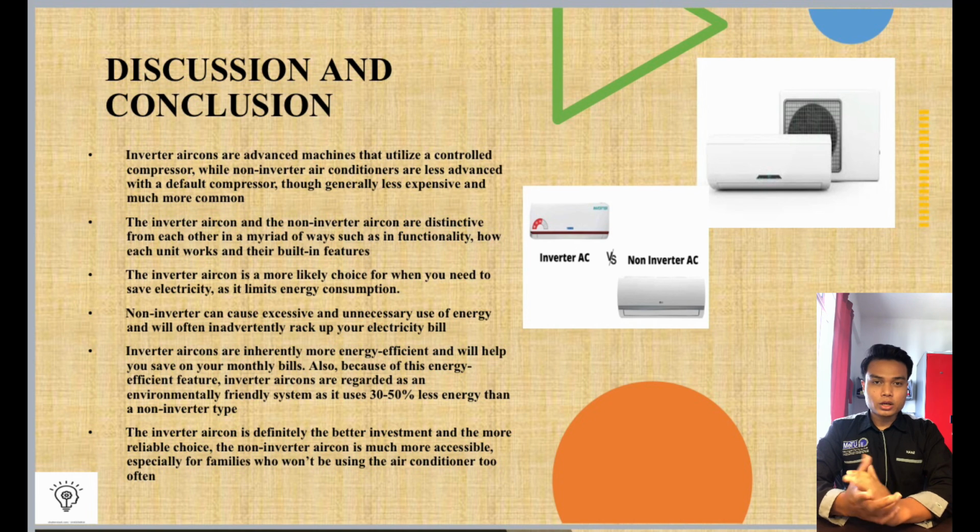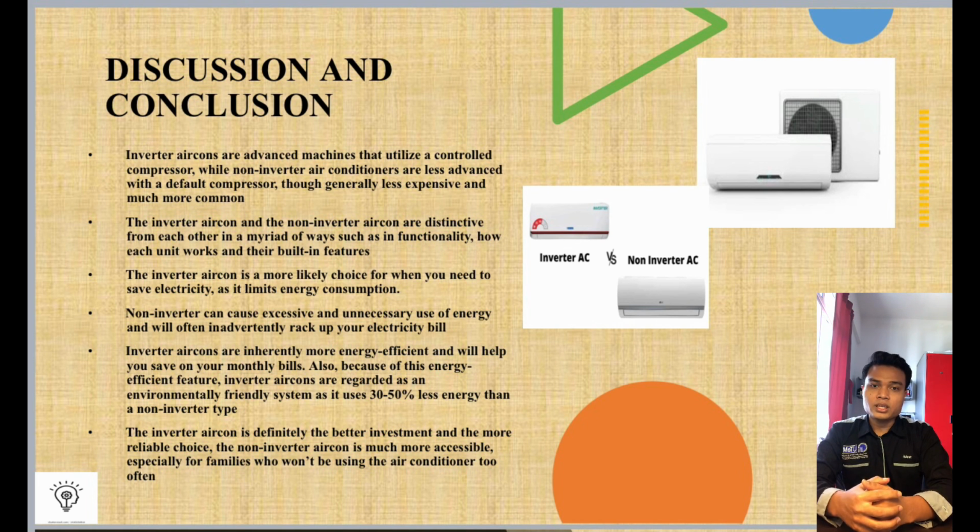For discussion and conclusion, we can say in a nutshell, inverter aircons are advanced machines that utilize a controlled compressor, while non-inverter air conditioners are less advanced with a default compressor, though generally less expensive and much more common. Then, the inverter aircon and the non-inverter aircon are distinctive from each other in a way such as functionality, how each unit works and their built-in feature.